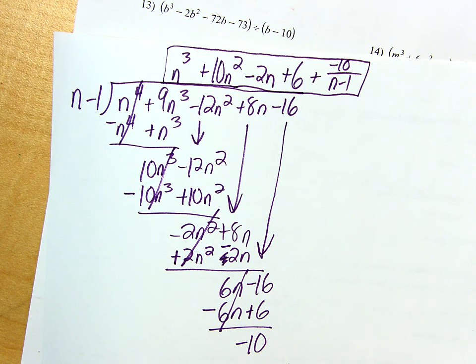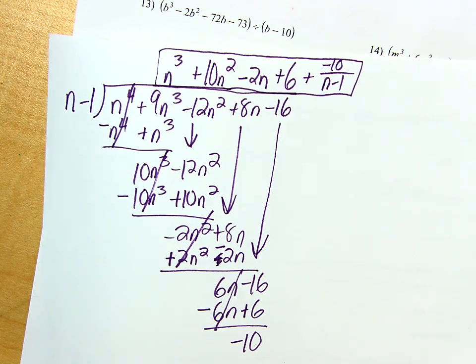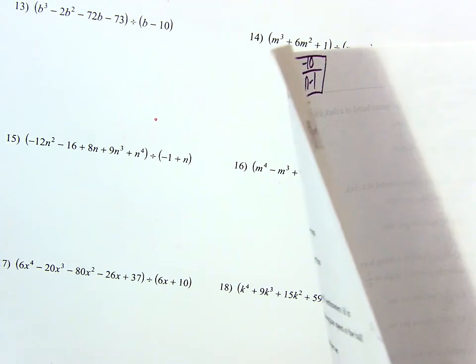Okay, did you get what I got? Not so bad? I just want to do one more together and then we'll try some. If you take a look at one like 20.